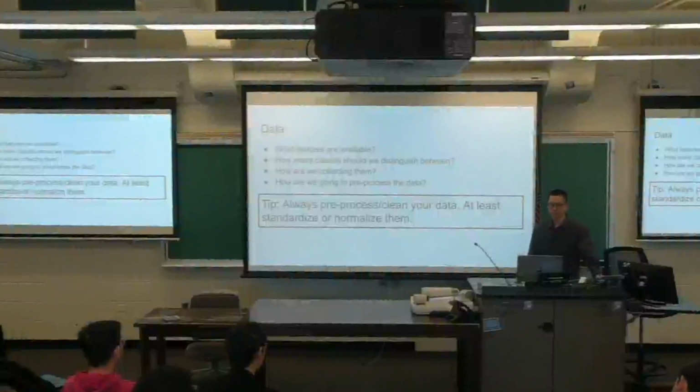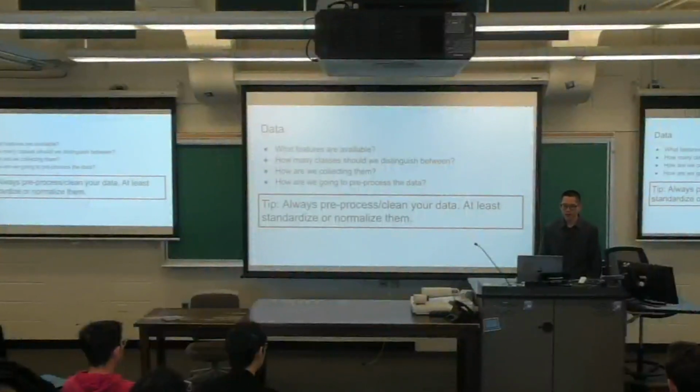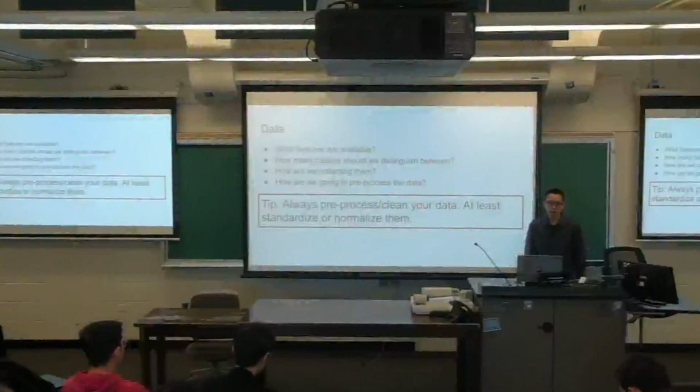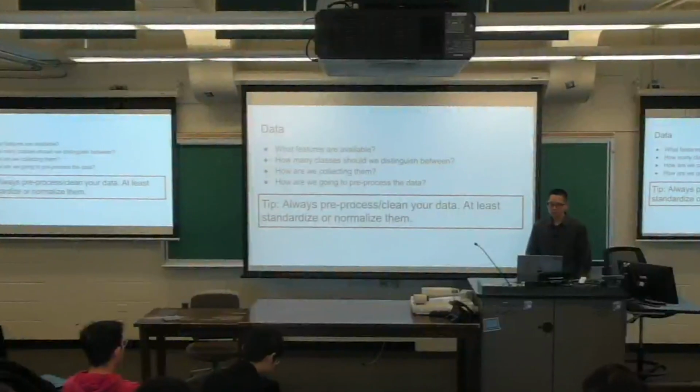Exactly, yeah, you're absolutely right. So standardization is making the data follow a normal distribution with a mean 0 and standard deviation 1. And normalization is using the minimum and maximum value from the data set to convert the data to the scale of 0 to 1.